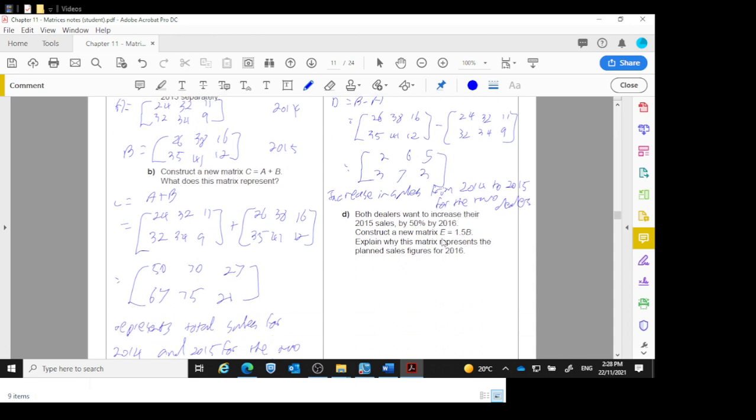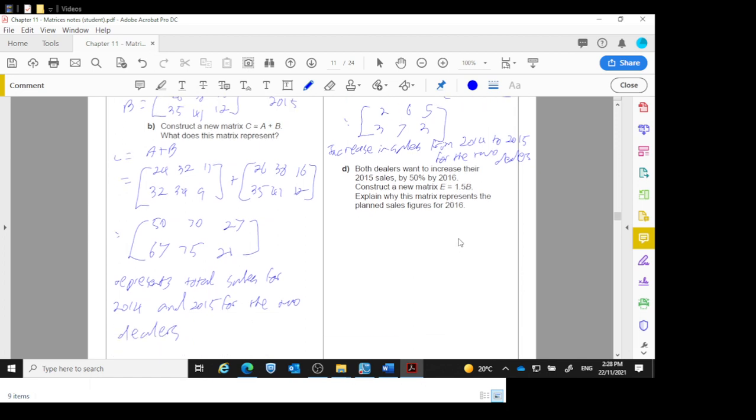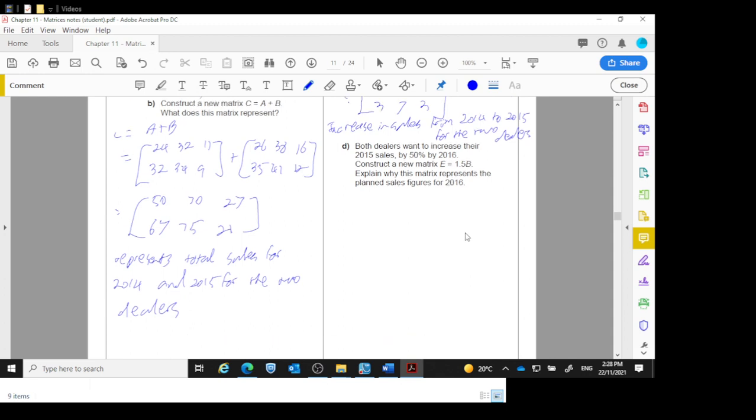Part D says both dealers want to increase their 2015 sales by 50% by 2016. Construct a new matrix E, which is 1.5 times B. Explain why this matrix represents the planned sales figures for 2016. So E equals 1.5 times matrix B, which is 26, 38, 16, 35, 41, and 12.